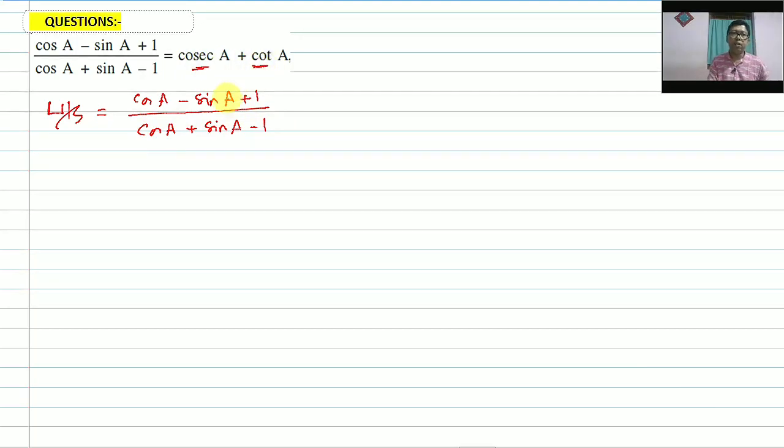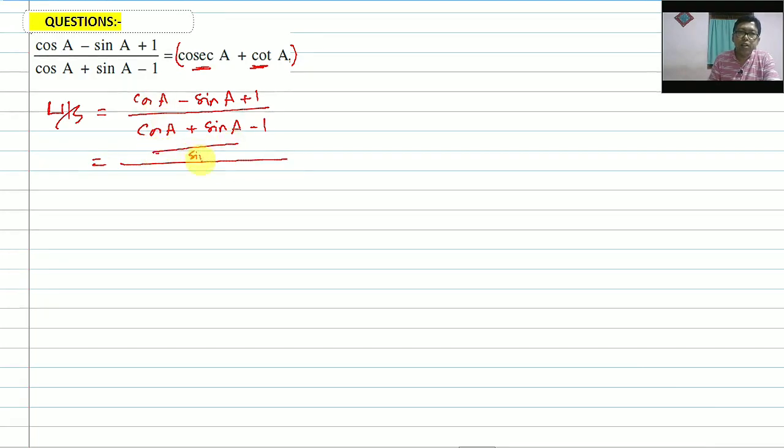If it is cosec and cot, better you make this fraction in terms of cosec and cot. Again, the right side is in terms of cosec A and cot A, so the left side should be made in cosec and cot. So what to do? You divide both numerator and denominator by sin A.